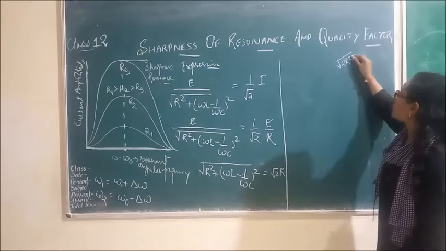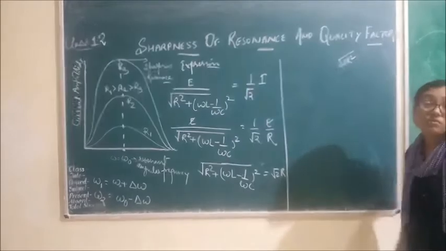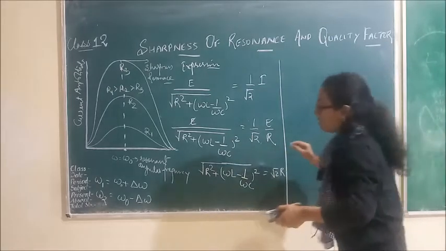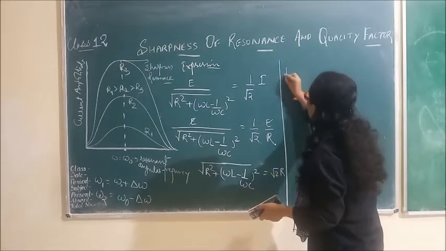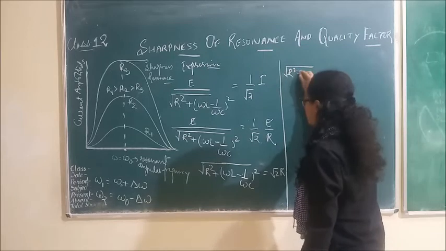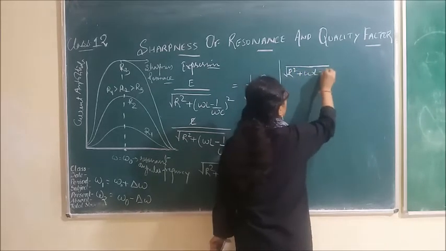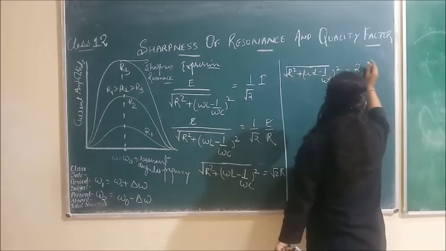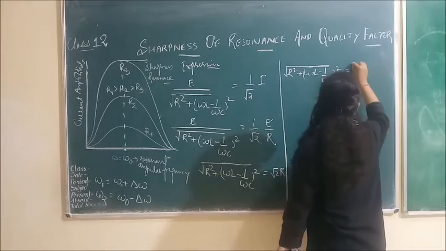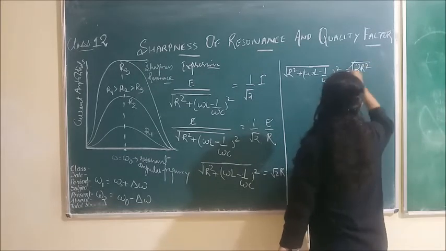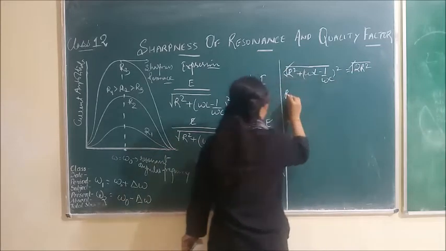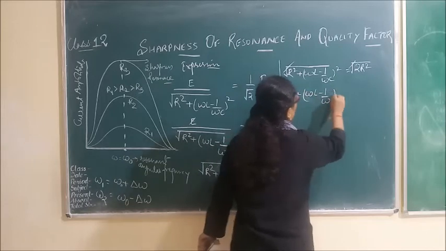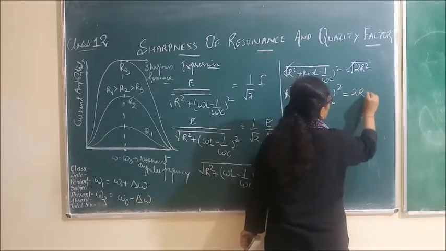Square करना पड़ेगा. So that square and root cancel out and you will get the value of R again. तो कितना हो जाएगा ये तुम्हारा value? √(R² + (ωL − 1/ωC)²) is equals to √2R². Root cancel हो जाएगा, value कितनी आ जाएगी? R² + (ωL − 1/ωC)² is equals to 2R².